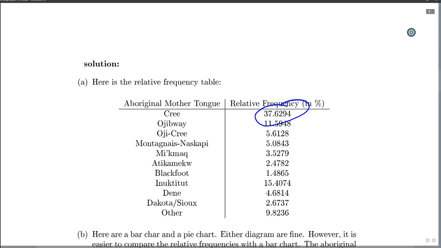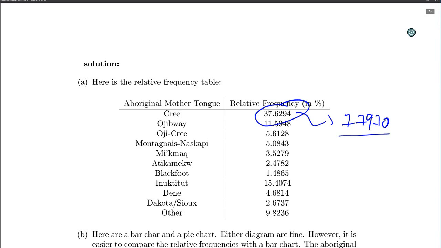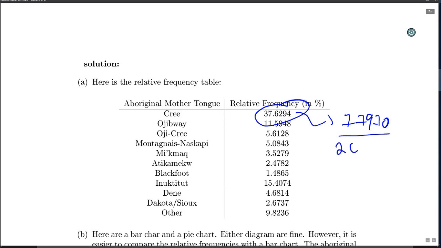How do we compute that? Here we get the frequency, which is 77,970. This is for the respondents that identified Cree as their Aboriginal mother tongue, and in total we had 207,205 respondents.